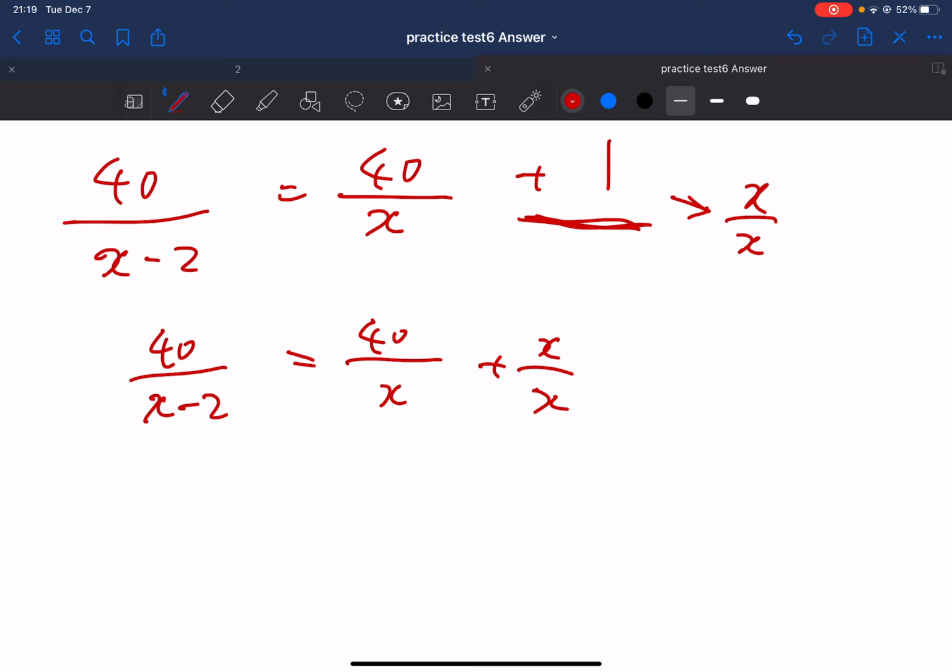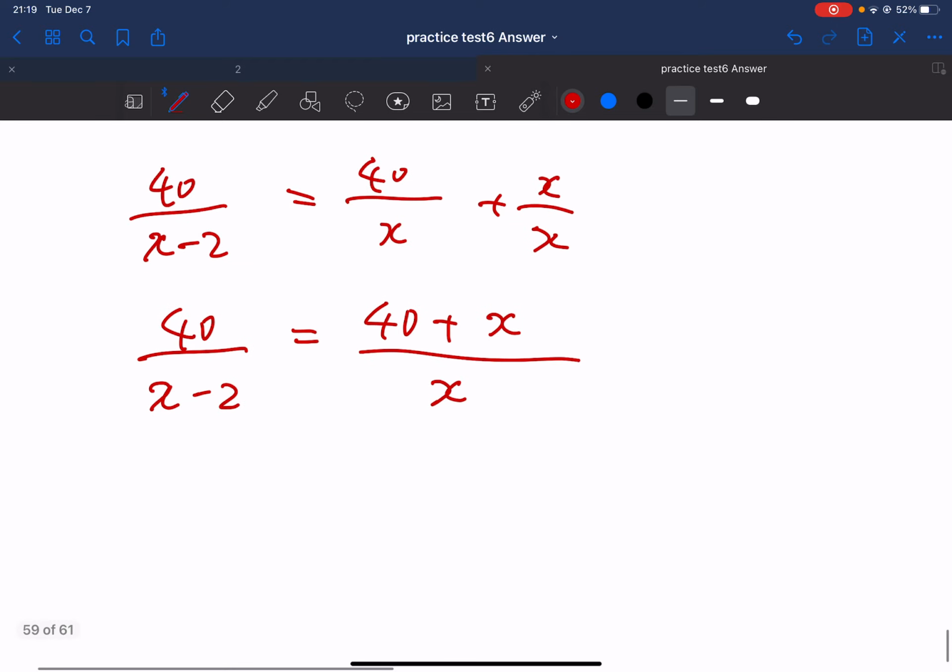Now, we can write this as 40 plus x over x, right? If you add these two fractions. And then, once we come to here, we can do cross multiplication.